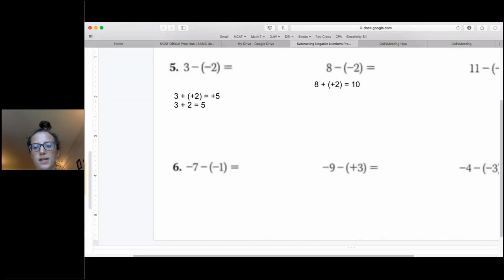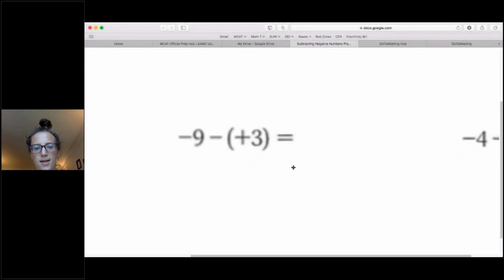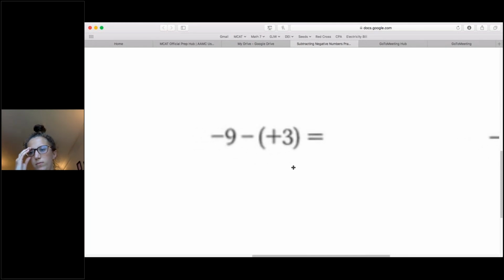Perfect. Negative 9 plus negative 3 equals negative 6.